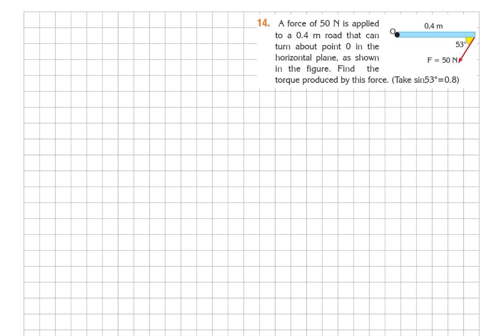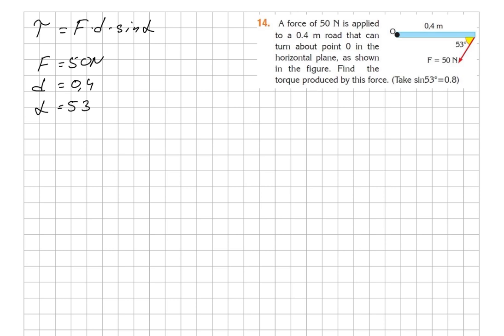Question 14. A force of 15 newtons is applied to a 0.4 meter rod that can turn about the point O in the horizontal plane as shown in the figure. Find the torque produced by this force. Again, the same formula. Torque is equal to F times distance times sine alpha. Force is 15 newtons, distance is 0.4, and alpha is 53 degrees.